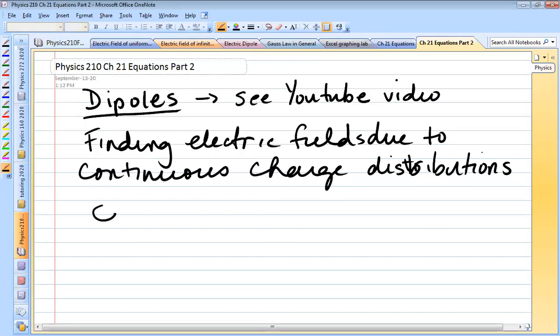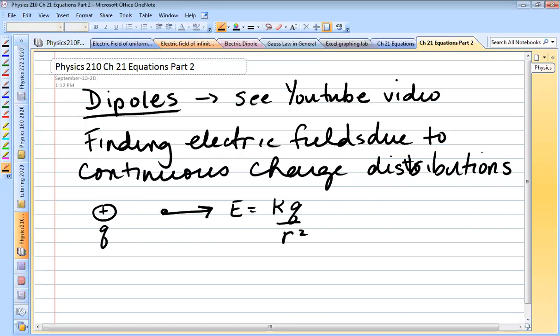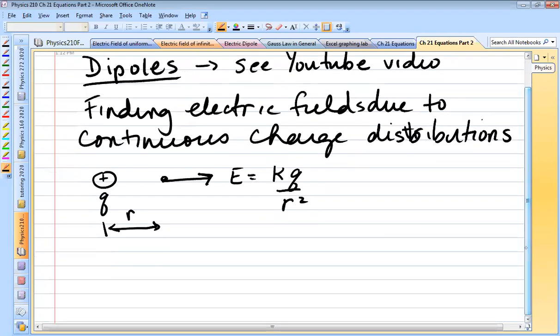So what we've done so far, we've done one charge creates an electric field, which depends on that point charge value, where R is the distance from here to here, the point of interest. And we've done that for multiple point charges as well. But what happens now if you spread out the charge over a big blob?